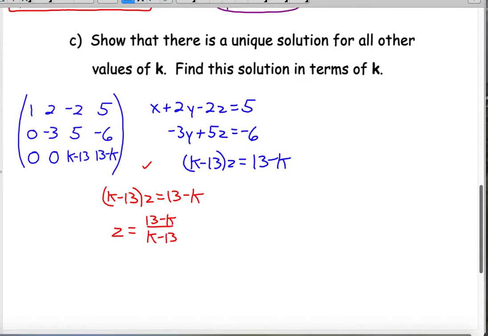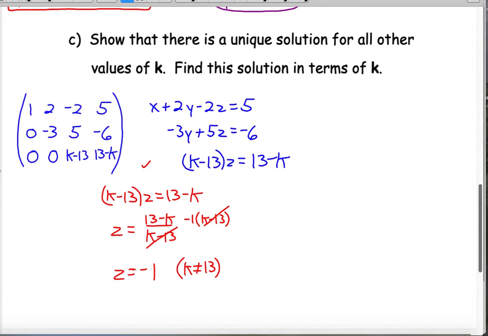Obviously that's undefined when k is 13, but we've already dealt with that case. If I factor a negative 1 out of the top, it becomes negative 1 times the quantity k minus 13, and those cancel. So this simplifies down to z is equal to negative 1 as long as k does not equal 13. So z is negative 1.